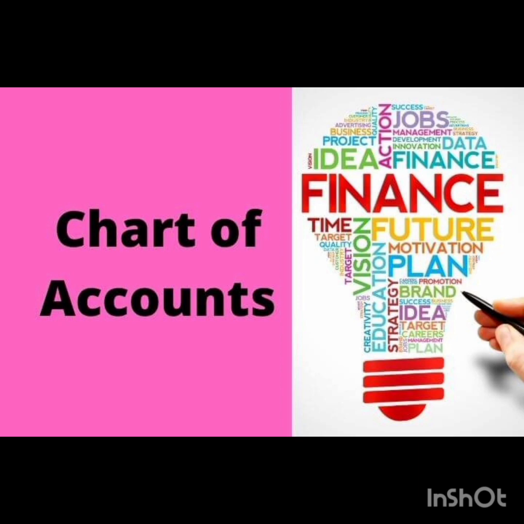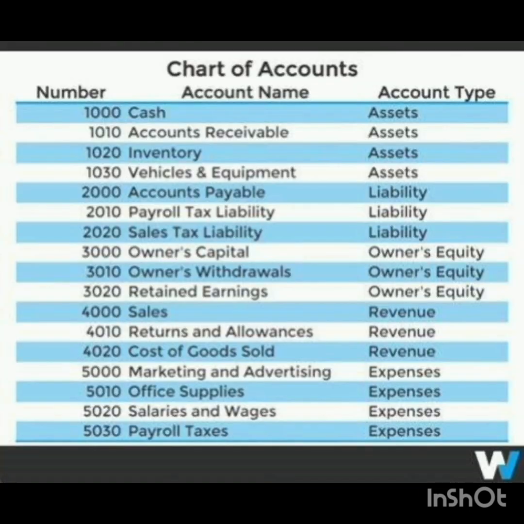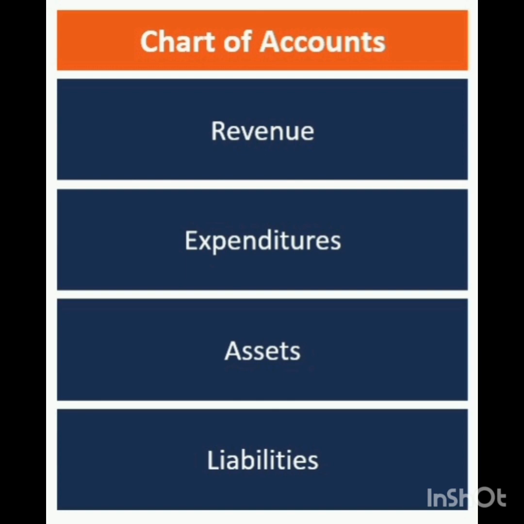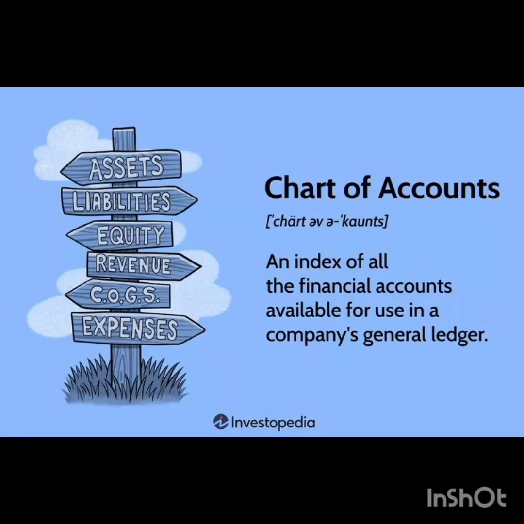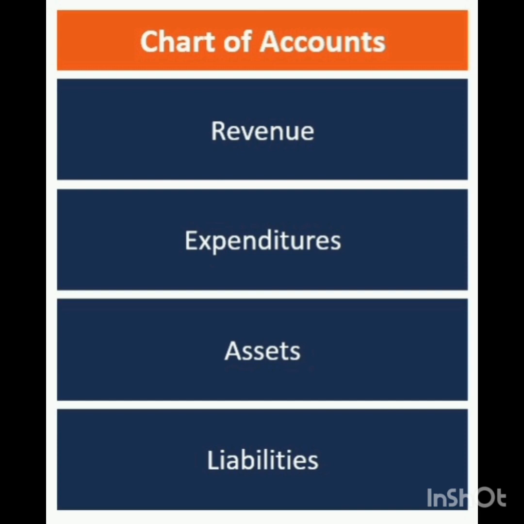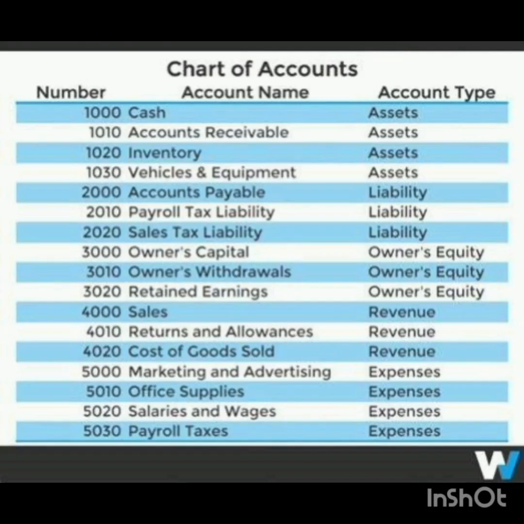Now the third is shareholders' equity. Shareholders' equity includes common stock, preferred stock, retained earnings, capital account, or whoever your shareholders are who are sharing in your company. This is under shareholders' equity. So we have just explained to you how the chart of accounts works in the balance sheet.